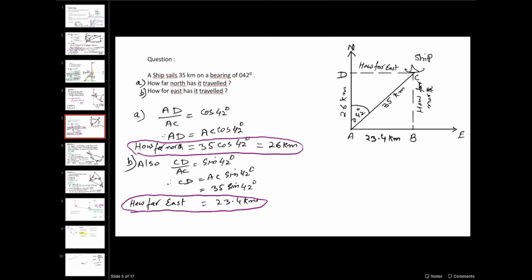Now in triangle ACD, AD upon AC is equal to cos 42 degrees, because cos theta is equal to adjacent upon hypotenuse.